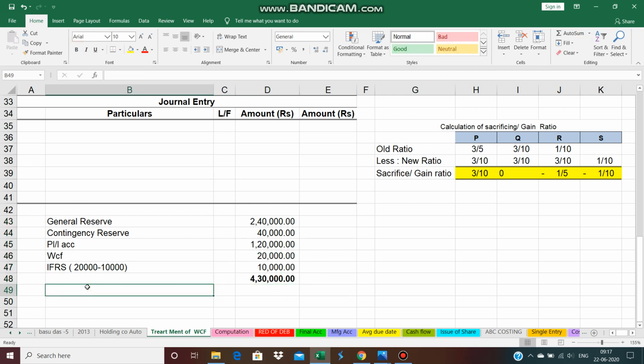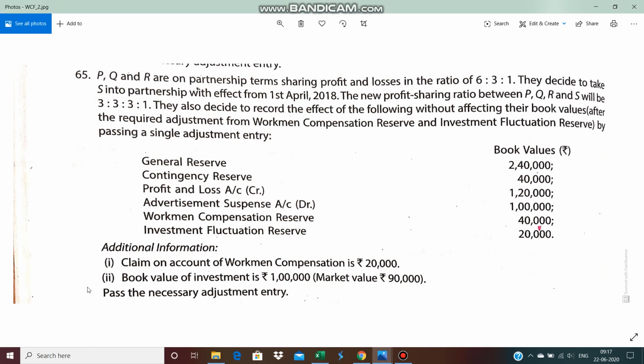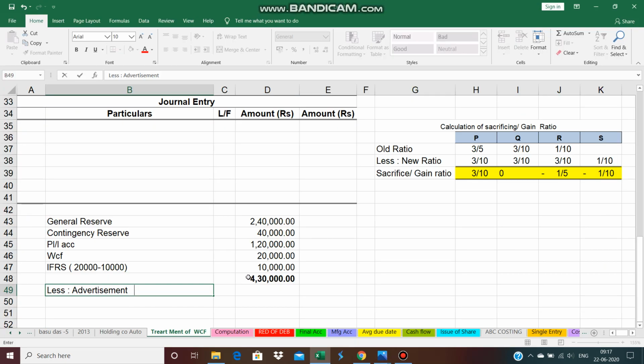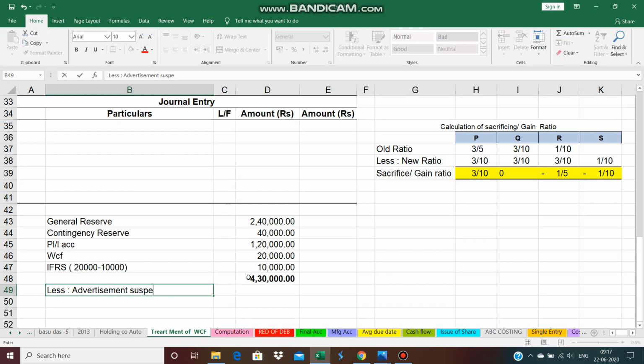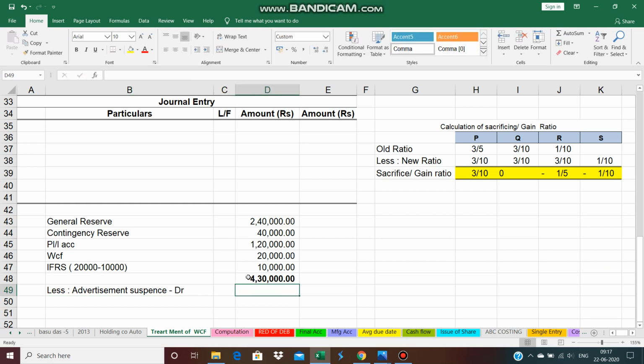Now less the advertisement suspense account, because it is a debit balance. This is the amount of debit, so that will be less from over here.